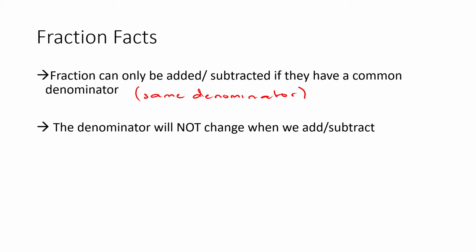The second fact is that the denominator will not change when we add or subtract. So your denominator shall not increase or decrease when we add or subtract. Those are the 2 things you should remember.